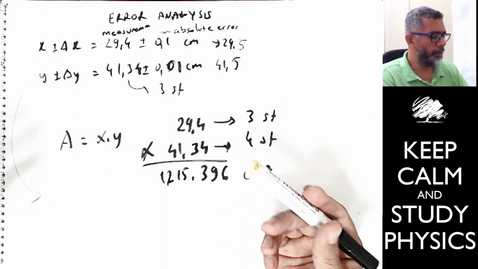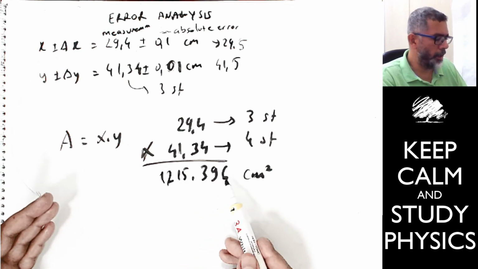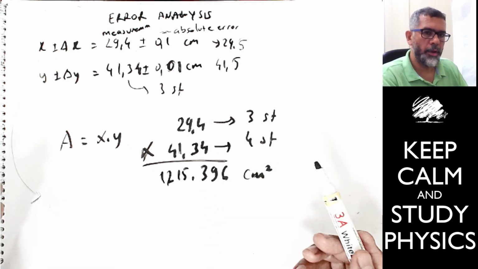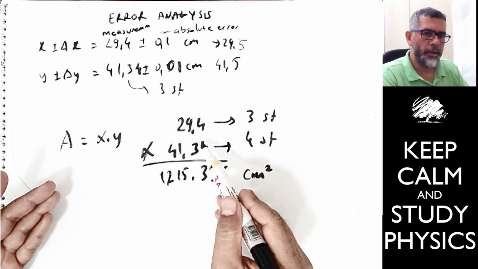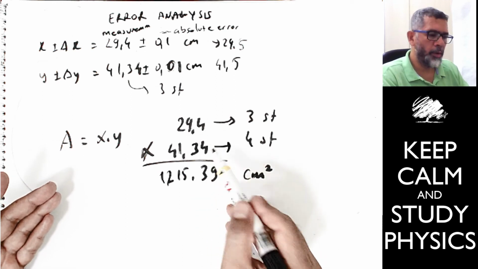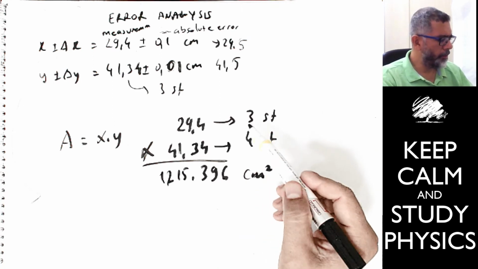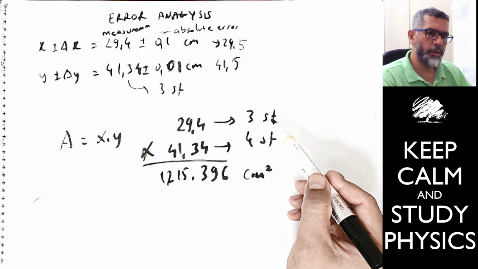It's not logical, of course, because this number states that it is more precise than these numbers. There is no way to have a result which is more precise than the measured quantities. So what the rule says is, again, look at the multiplicands and find the least number of significant figures.